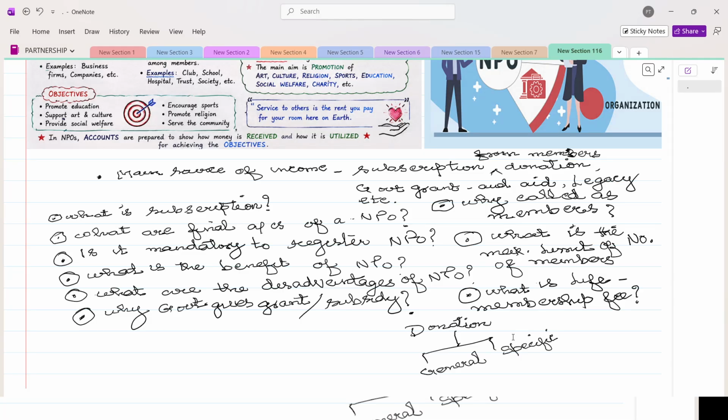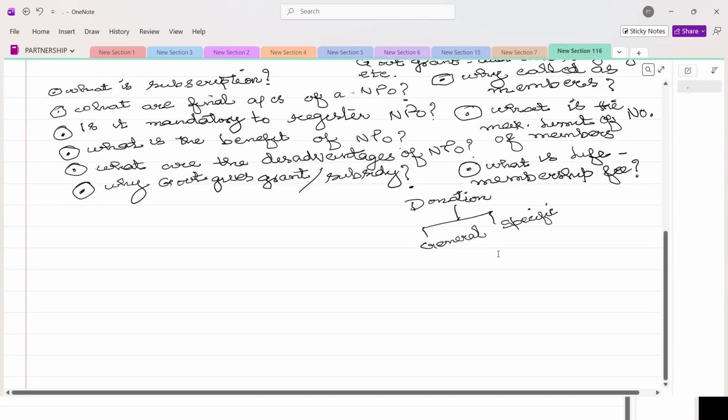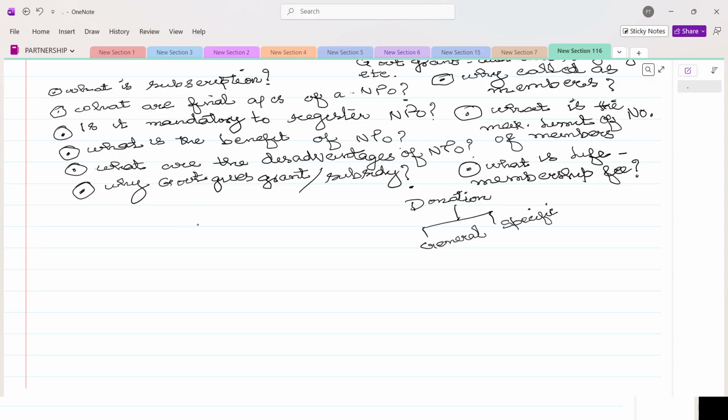Now moving on, let us understand the new words used in not-for-profit organizations, like subscription, legacy, life membership fees, honorarium, etc. Let us understand through an example. Let us imagine that we are starting a library or an educational institution. We conceive the idea of starting a library. There are 100 people of the same mindset. They join together and decide to start a library.